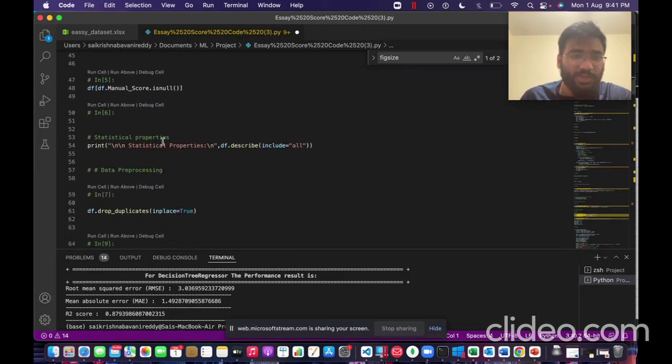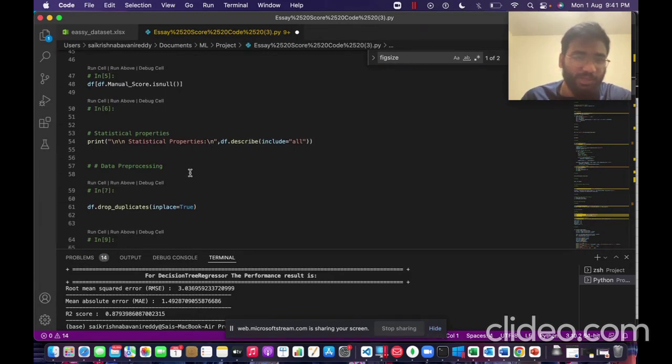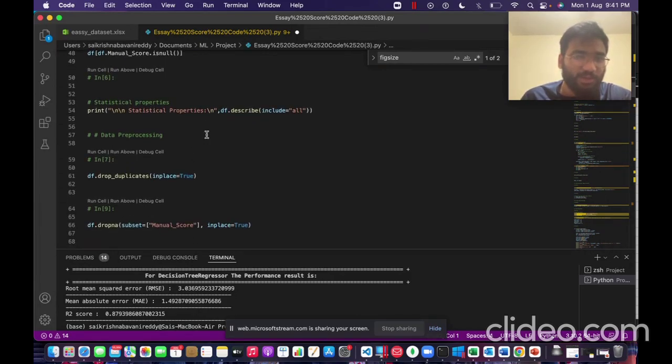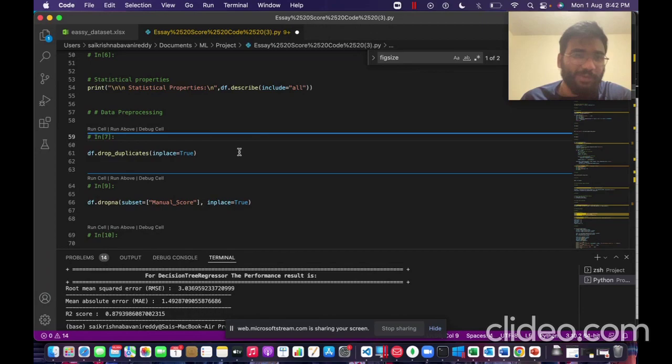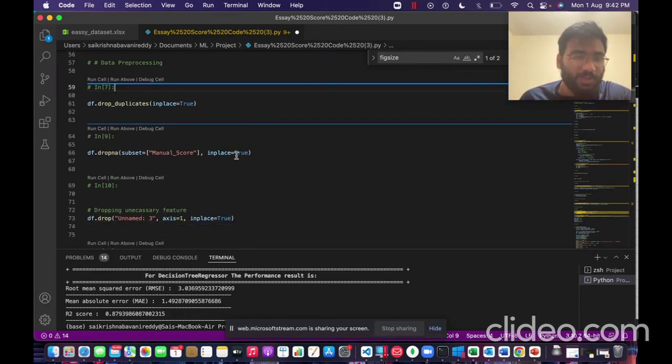I have also displayed the statistical properties of the data here. This shows the total count in each column, and it also finds the mean and median values. It also shows the maximum and minimum values of the column.